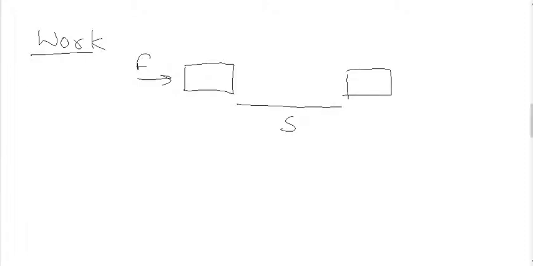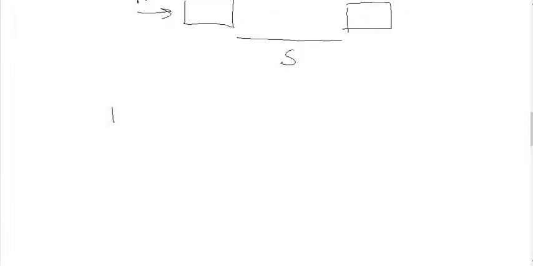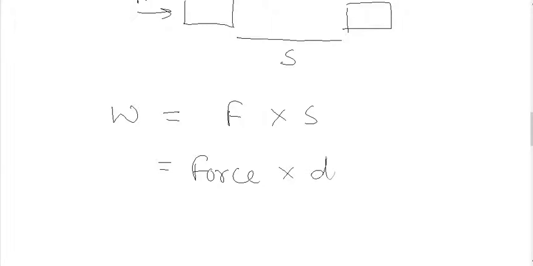By definition, if a constant force F is applied and the object moves a distance s, then work done by this force is equal to F cross s, or say force into displacement.